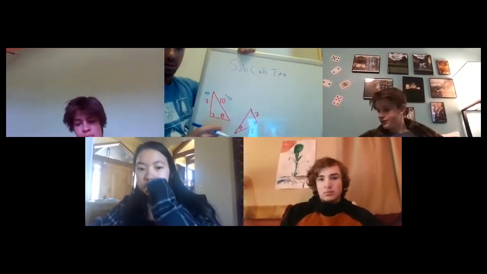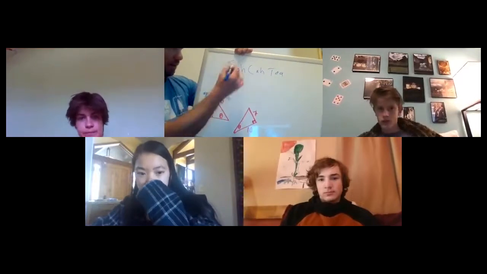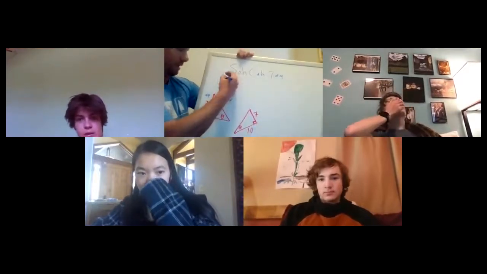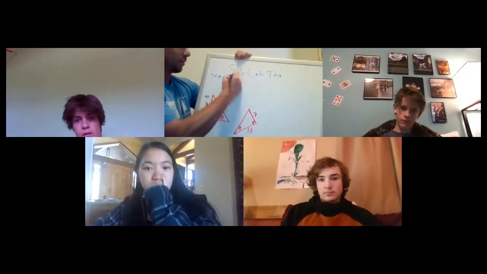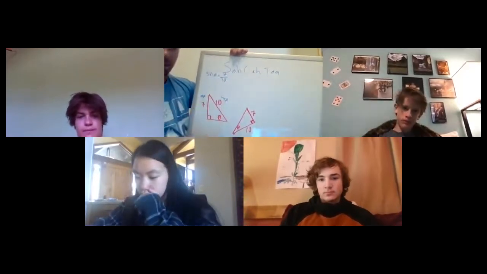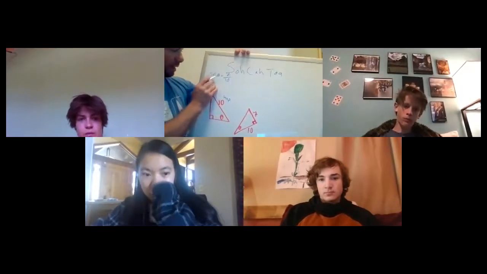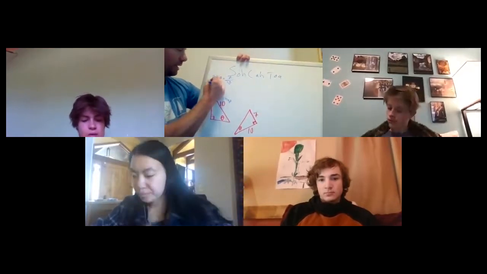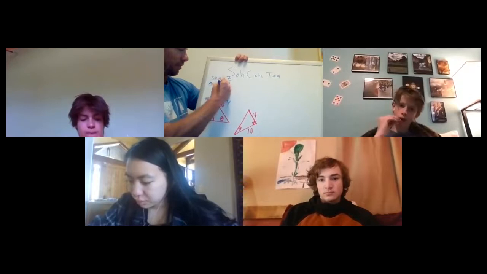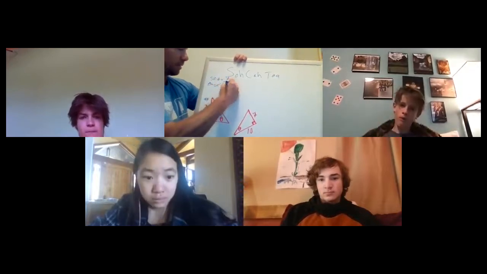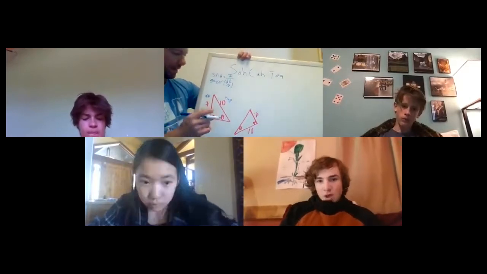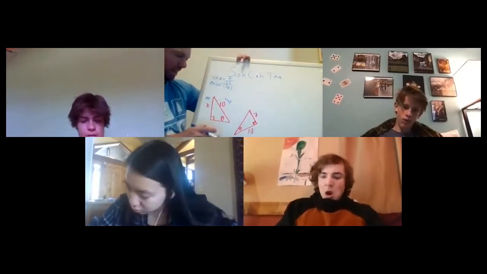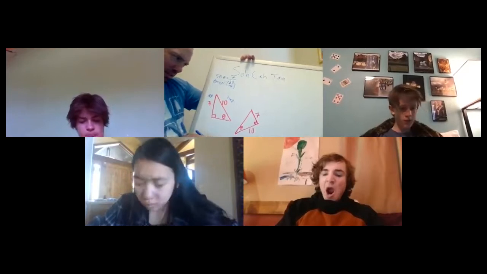SOHCAHTOA means, okay, opposite hypotenuse, I gotta start with sine. So sine of theta equals 7 over 10. We want to figure out what theta is, so it's going to be the inverse sine of 7 over 10. So second sine, 7 over 10, I'm guessing, man, somewhere in the neighborhood of 60 something, but we'll see.